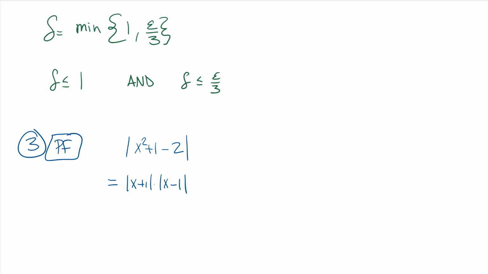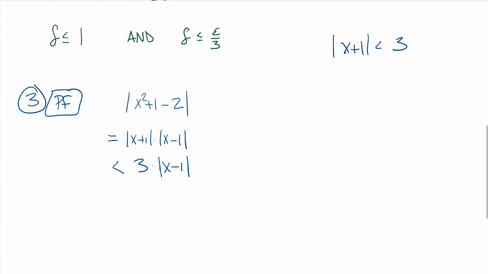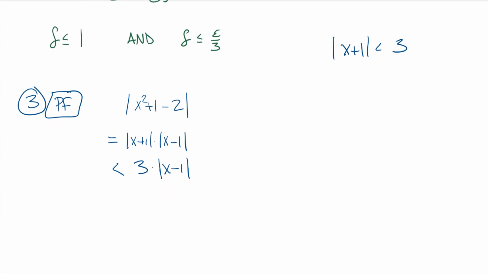And we had said before, didn't we say let's keep the absolute value of x plus 1 less than 3, just to play it safe? So let's say that this is less than 3 times the absolute value of x minus 1. So just taking care of business, making sure we get a bigger number there. We're making sure that we're okay. Now, here comes the next step, where we need to use a less than or equal to sign.